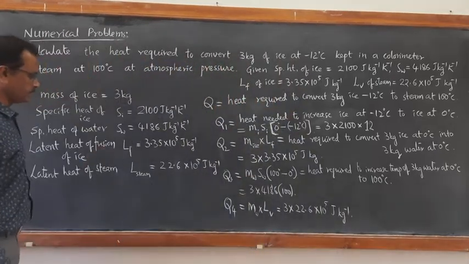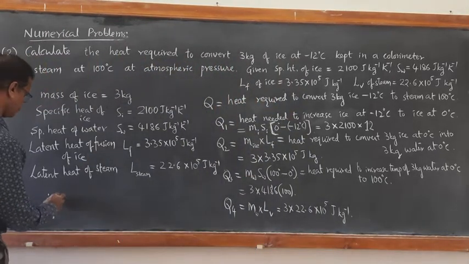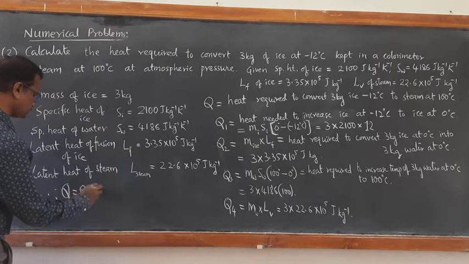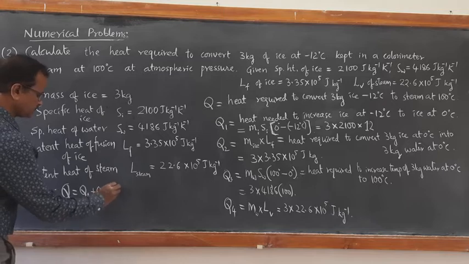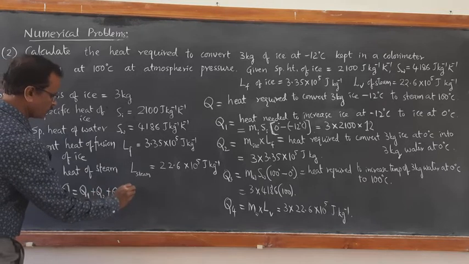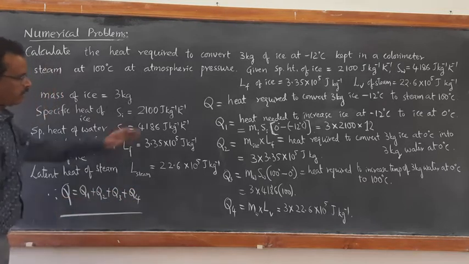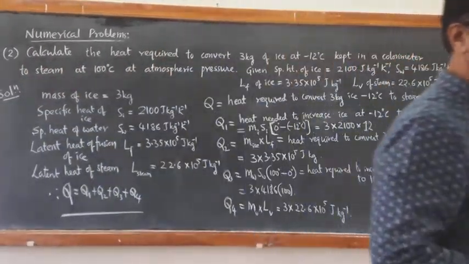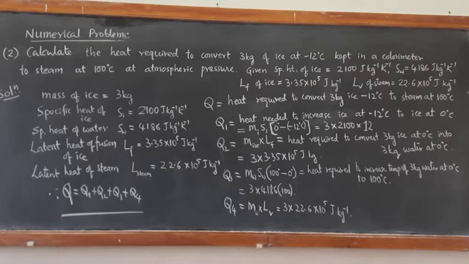Now total heat, I can write therefore total heat required Q is equal to Q1 plus Q2 plus Q3 plus Q4. We have to add all these 4. Once we add all these 4, then we get the total result.